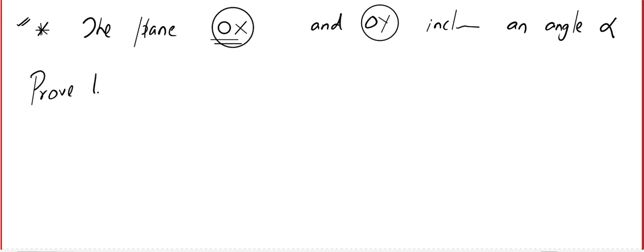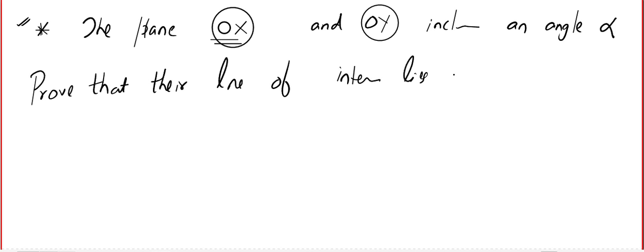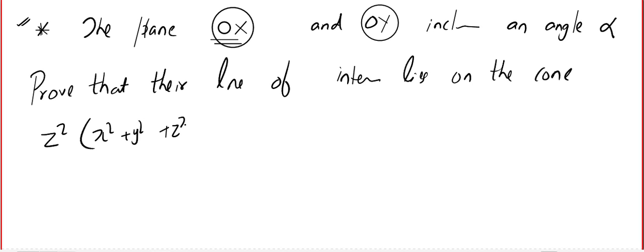Prove that their line of intersection lies on the cone z square multiplied by x square plus y square plus z square equal to x square y square into tan square alpha. First of all, I will show you the geometry behind it.